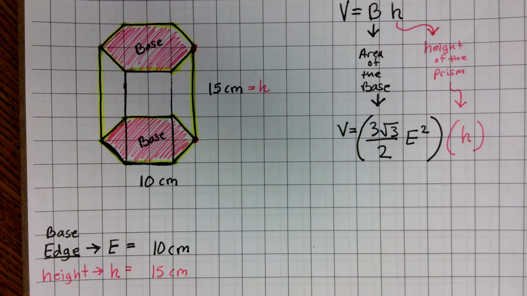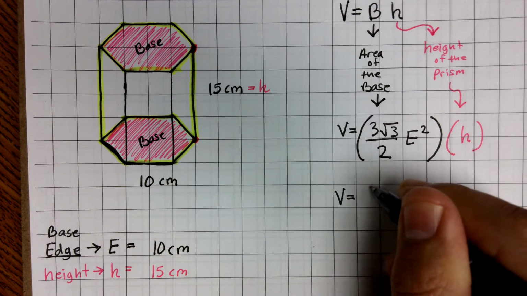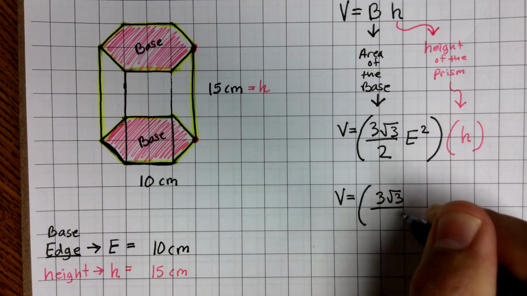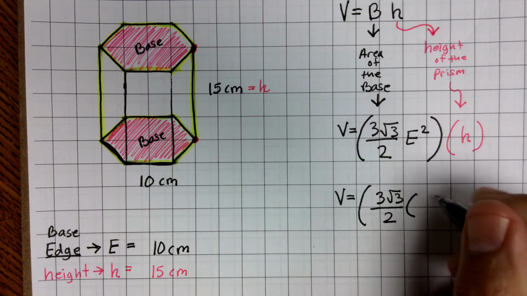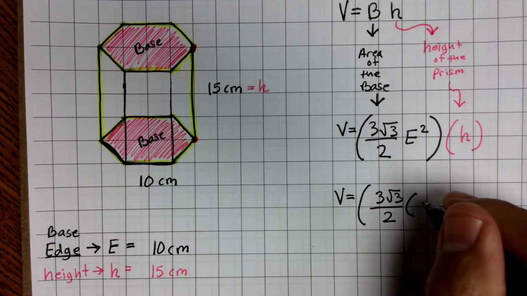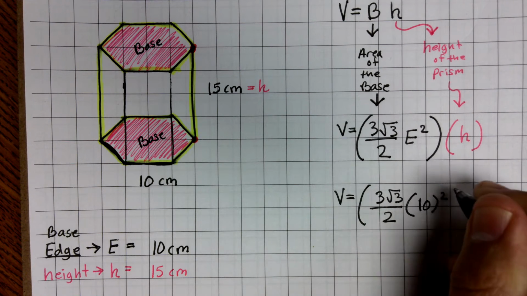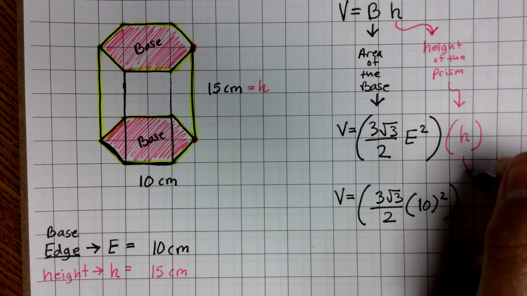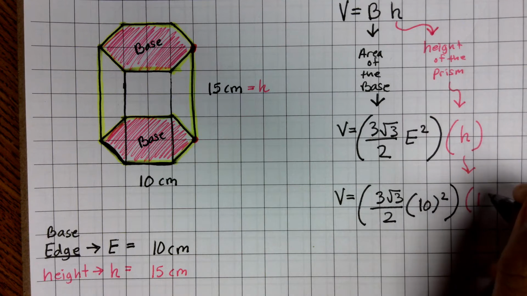So let's substitute those values in real quick. I'm going to rewrite this as V is equal to 3 square root of 3 over 2 times, and notice I'm going to put a parenthesis in here, and then it's going to be 10, the base's edge, and then squared, close parenthesis, and then for the H, I'm going to put my value of 15.